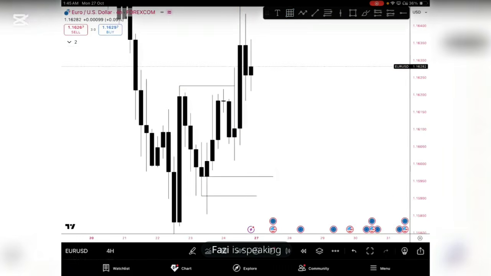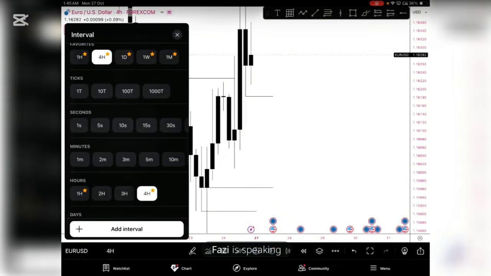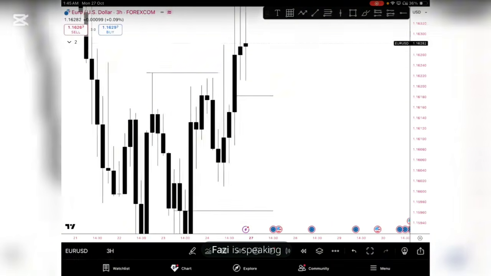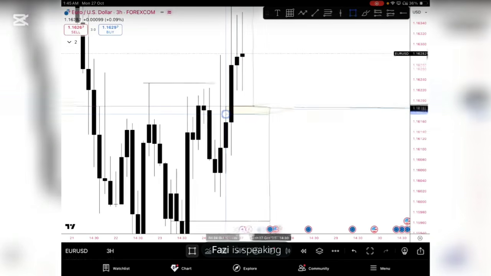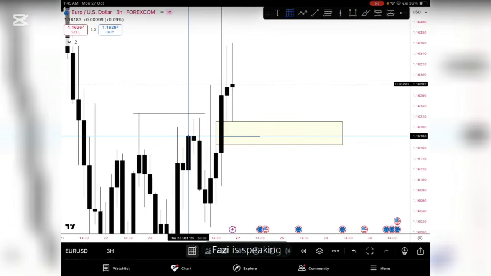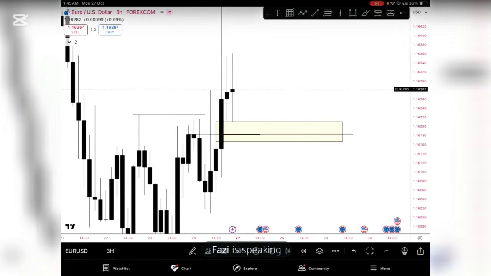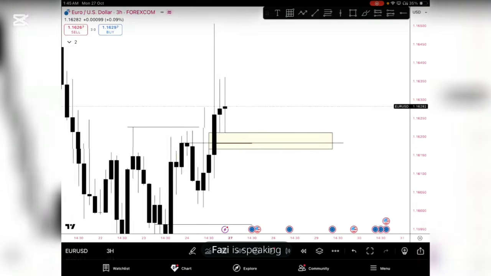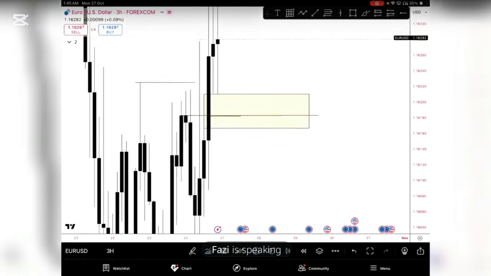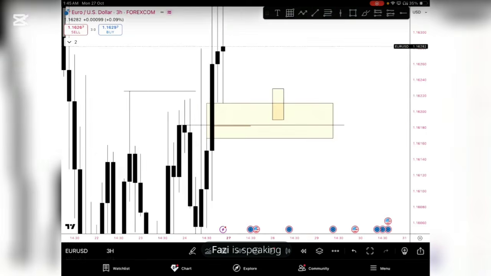So the liquidity has been taken out, and on H3 you can see we have an imbalance here. So what I told you, when the price came to this level, I told you the price came to two things. One, the liquidity, and then imbalance. So after the imbalance, if H2 time frame or H1 time frame provided you engulfing entries. How has the engulfing entry been provided? It is provided by two candles.